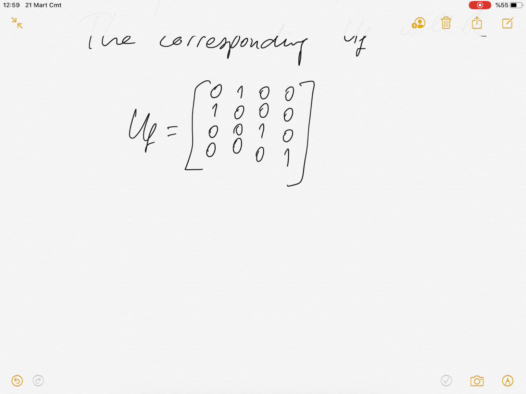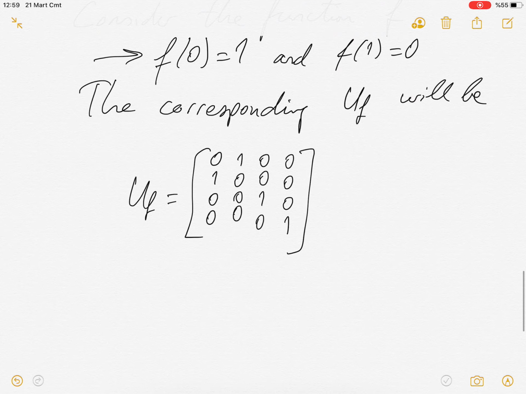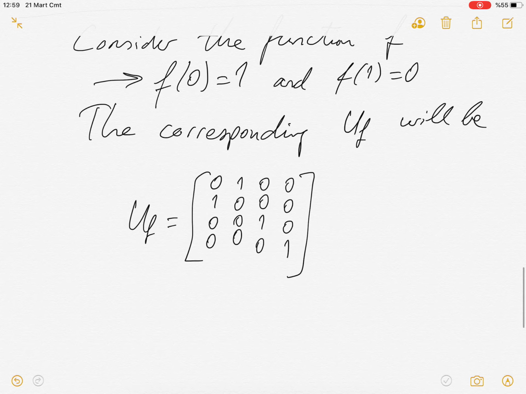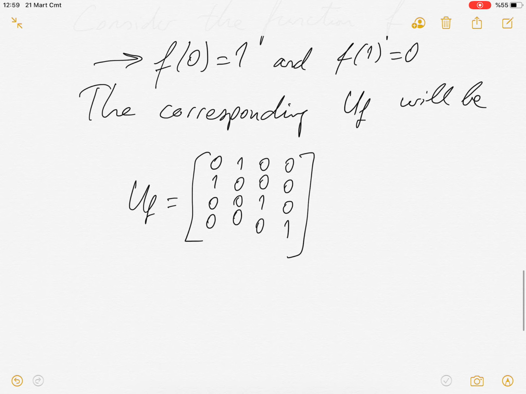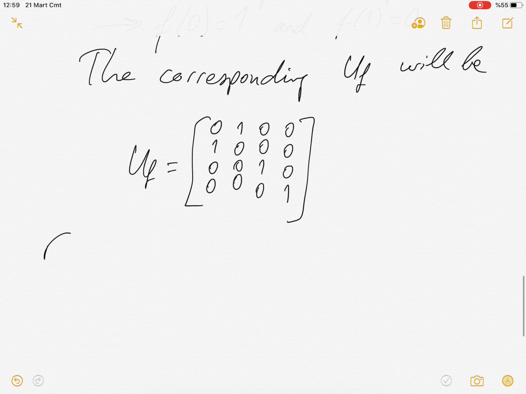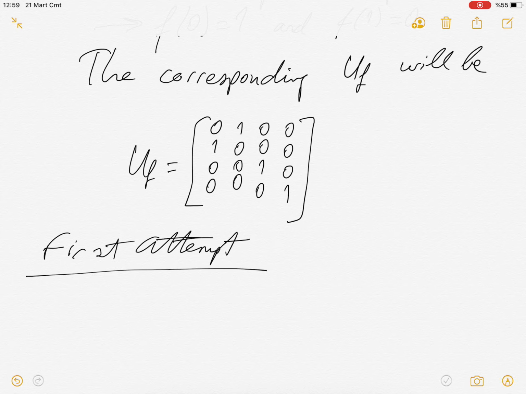Now, our first attempt: rather than evaluating f on different inputs, so rather than evaluating f twice, let's put the input states into superposition. This would be the most natural approach in a quantum algorithm. I'm going to give you the wrong solution, by the way. I'm going to give 2 wrong solutions and 1 correct solution in the end.